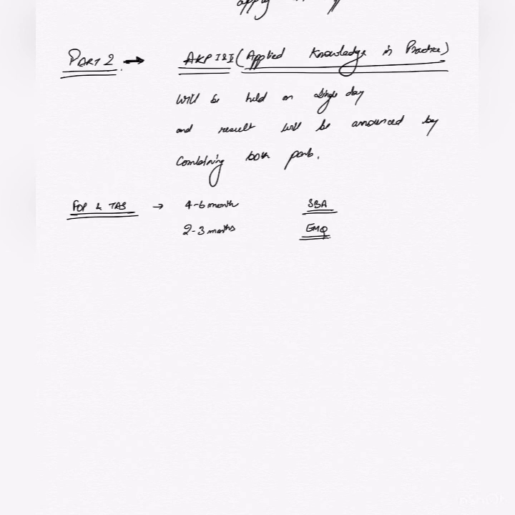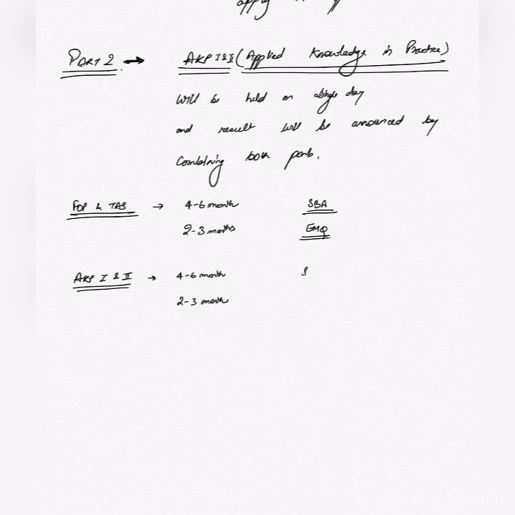Next is AKP, Applied Knowledge in Practice, part 1 and part 2. If you have completed your PG course, and even if you are in the 2nd or 3rd year, you can still complete the preparation in 4 to 6 months, and if you have studied very well, in 2 to 3 months as well.